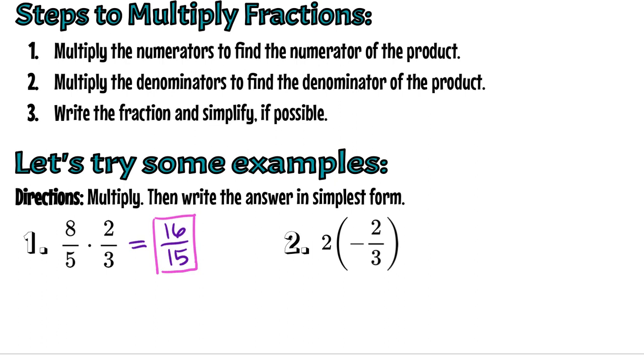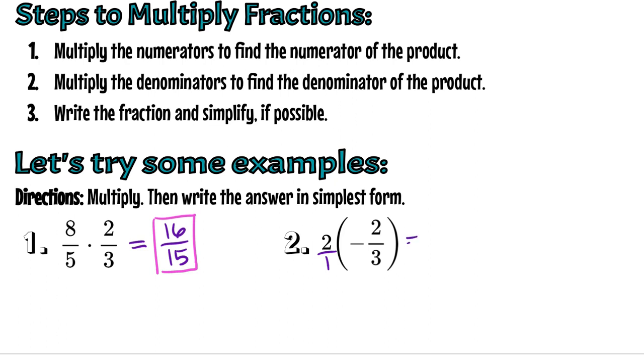Let's try another example together. In the next example, we have 2 times -2/3. So first, if it helps you, you could rewrite this whole number 2 as a fraction. Remember that we just write the whole number over 1. We also need to remember that when we multiply a positive factor by a negative factor, it makes a negative product.